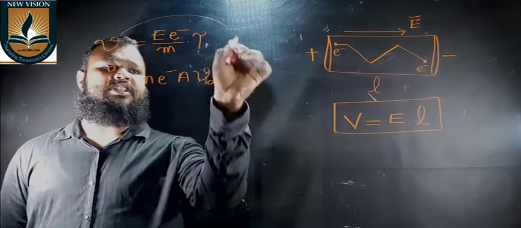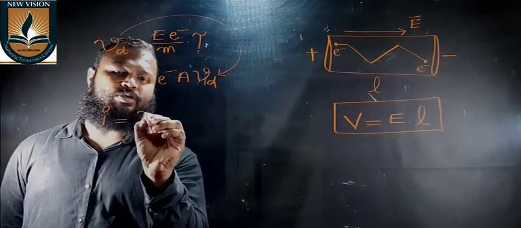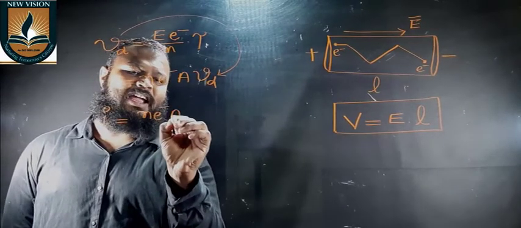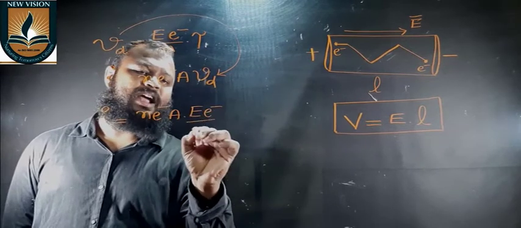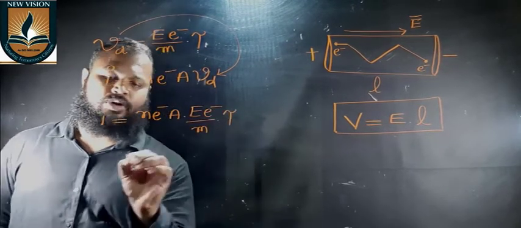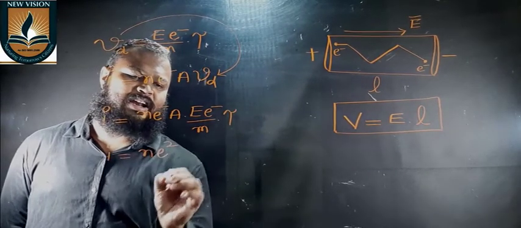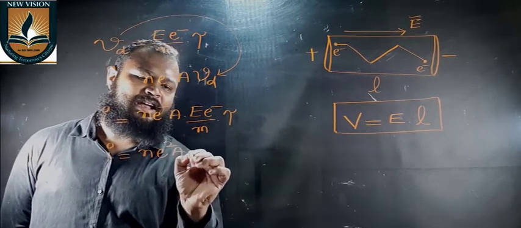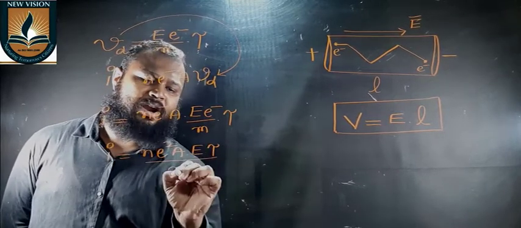Let us substitute this Vd here. Then we get the electric current I = neA × eE upon m into tau, so I = ne²A E tau upon m.